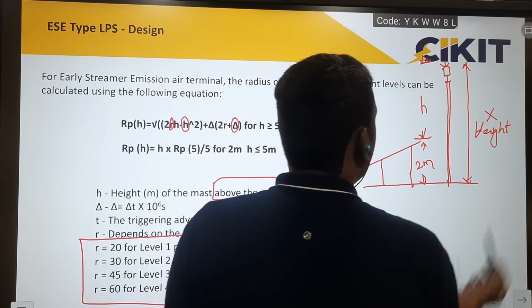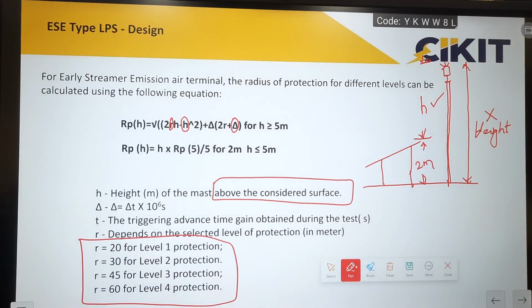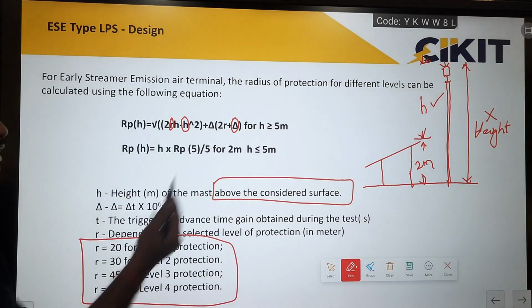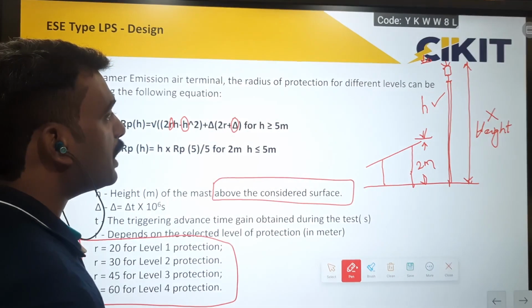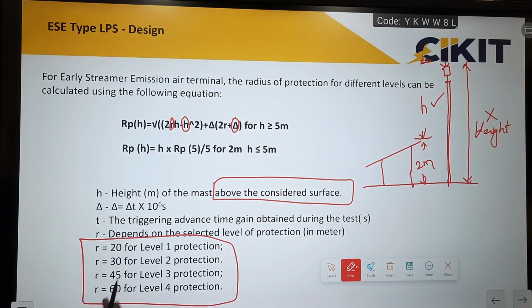I should not consider the overall height. For this formula, I have to consider the height above the structure to be protected. The height is a physical parameter, and I can increase or decrease it based on my requirements. R is a fixed value that depends upon the level of protection decided by the designer.